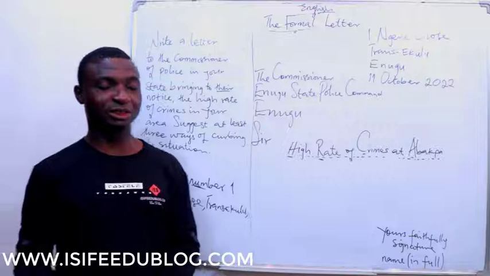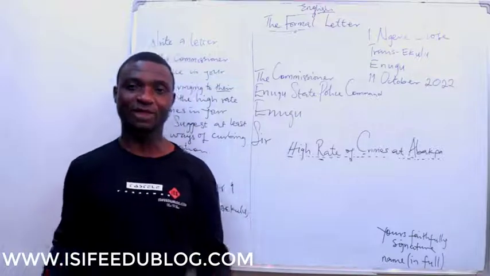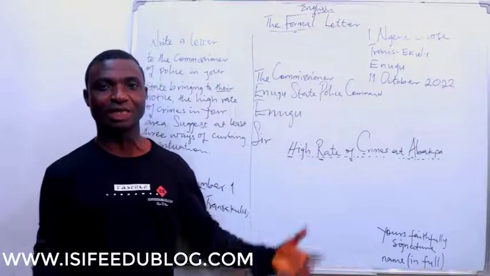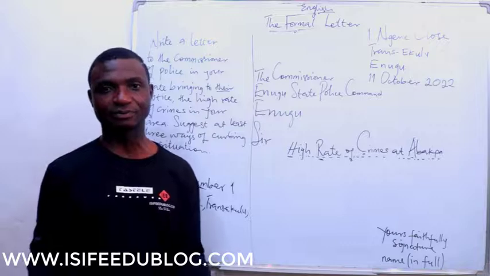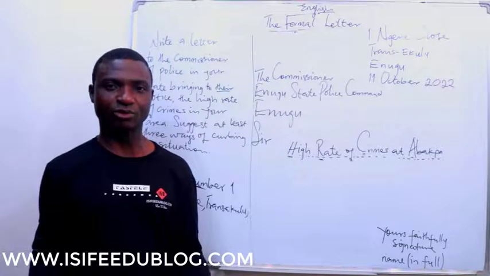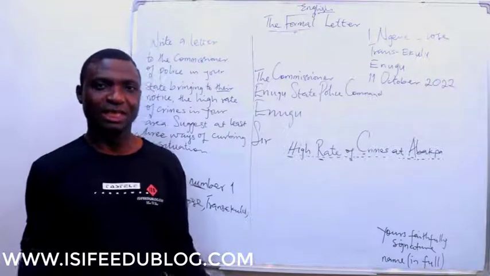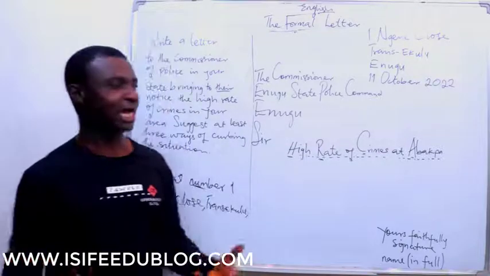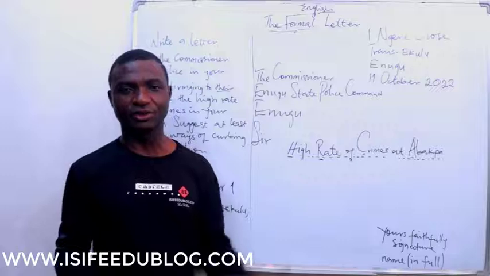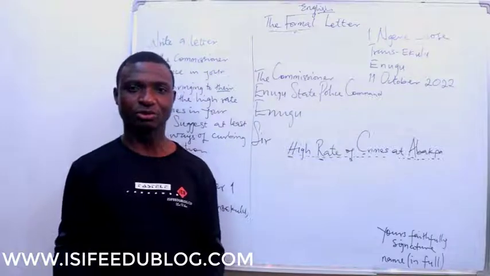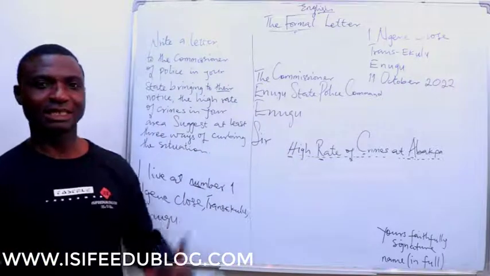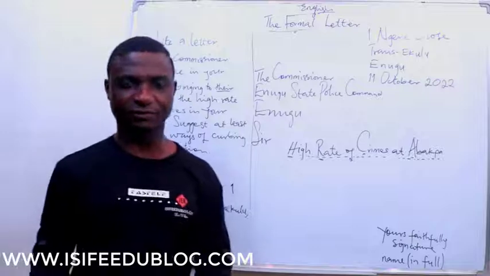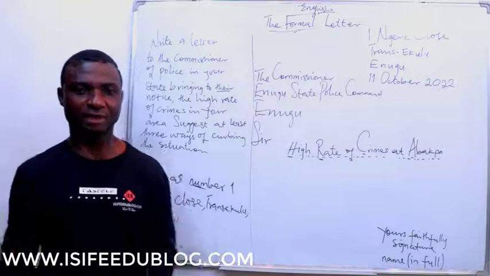This appointment did not come to some of us who follow police affairs as a surprise, because we know your antecedents. You could start that way. You know, at least to open up the heart of this commissioner you're writing to, you admit that they have earned this office. It will cheer them up.